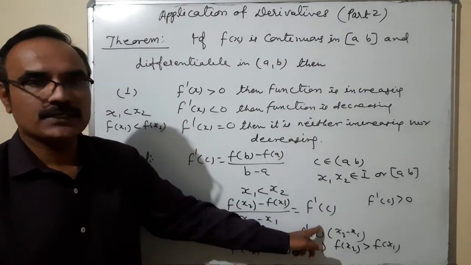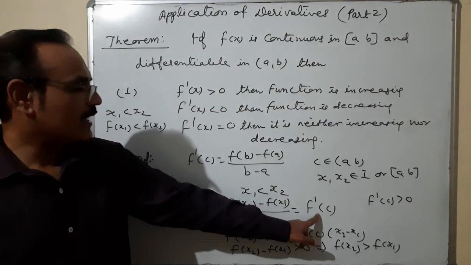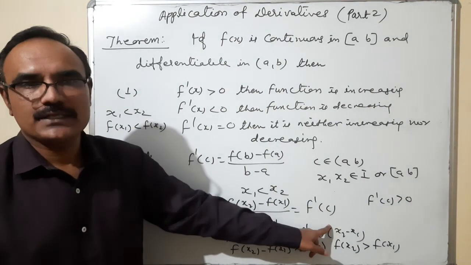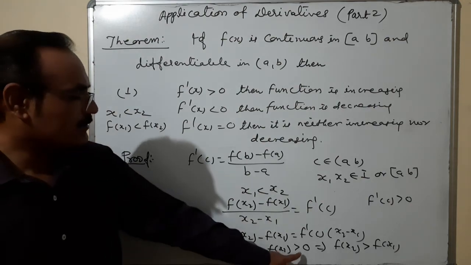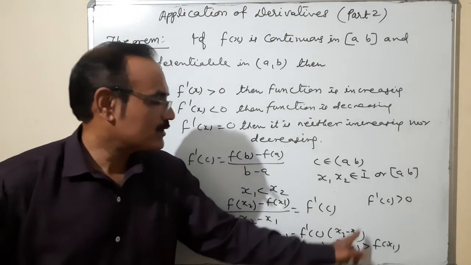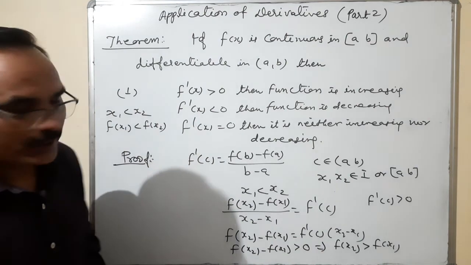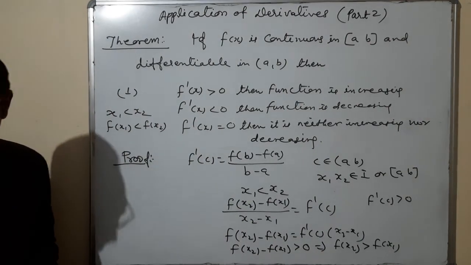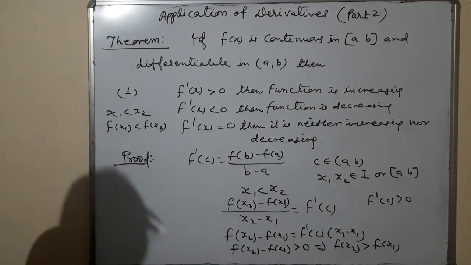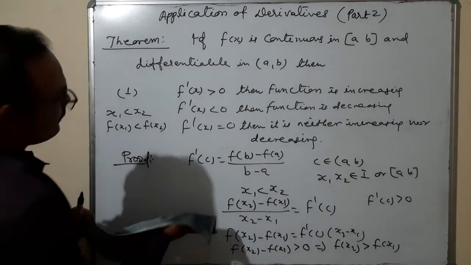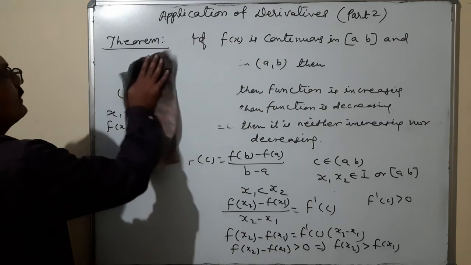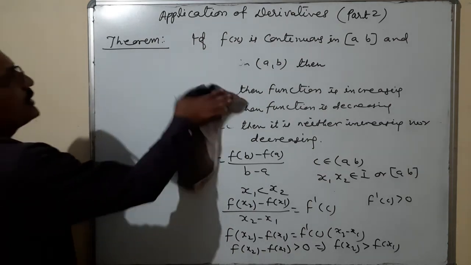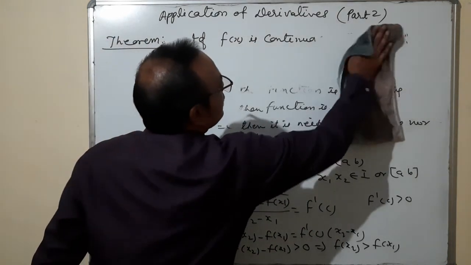So the entire product is greater than 0, therefore f of x2 minus f of x1 is greater than 0, and f of x2 is greater than f of x1. That is the theorem.